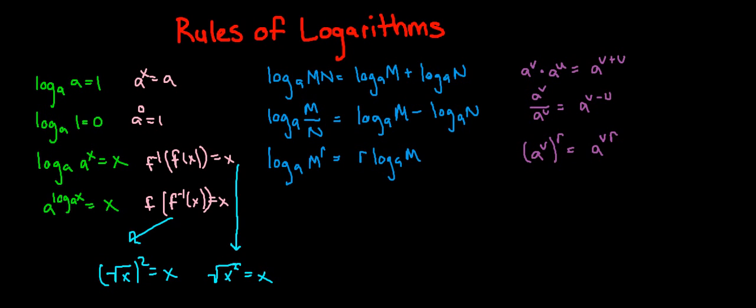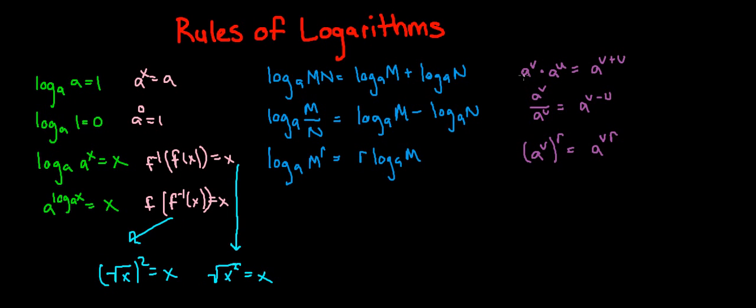Now let's talk about the rules of logarithms. The rules of logarithms are basically the rules of exponents written in logarithmic notation. So first let me talk about the rules of exponents, since we're already familiar with those.